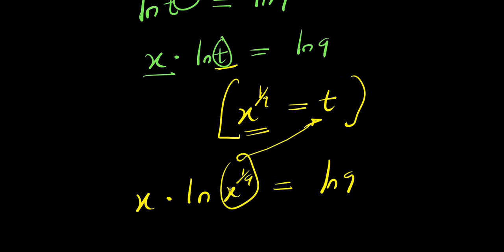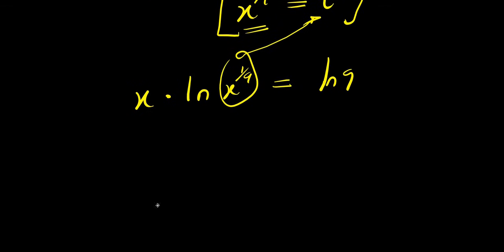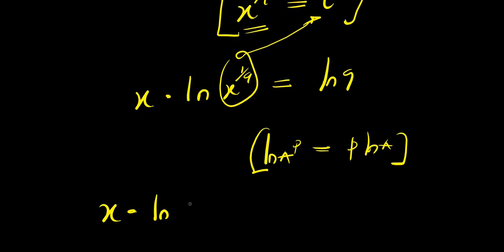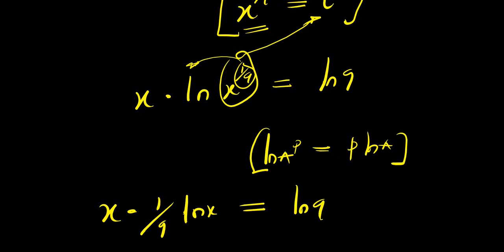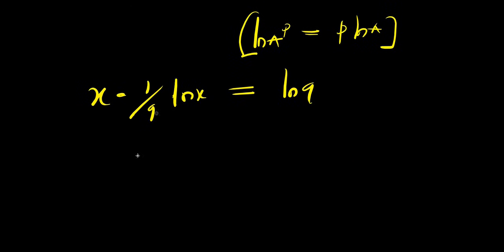Have you seen that? So, if you have natural log of a^p, this equals p times natural log of a. So the 1/9 will come in front of this natural log, and this is x times 1/9 times ln(x) = ln(9). And from here, x times 1/9 is x over 9, so (x/9) ln(x) = ln(9).